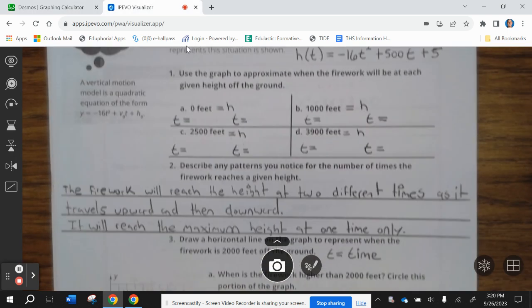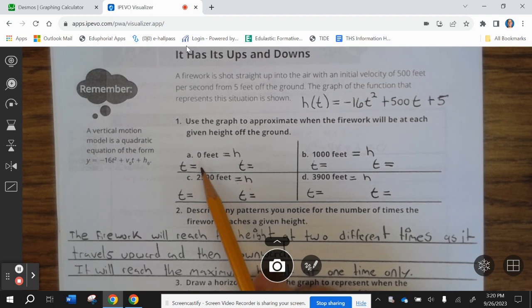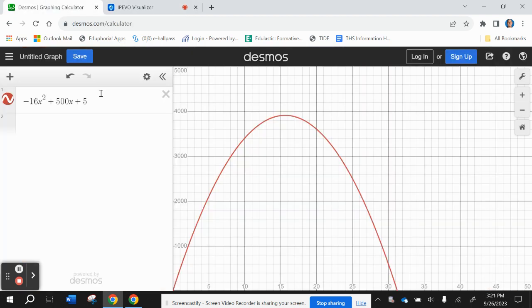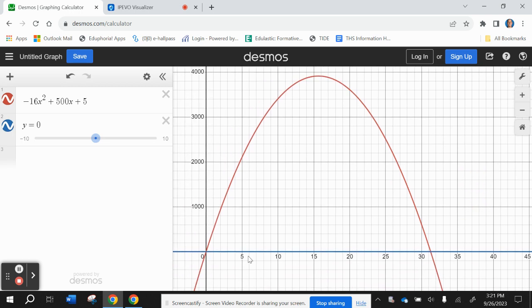Now, we need to graph y equals 0 to find those values first. And that's right here. So our values are 0 and 31.2.